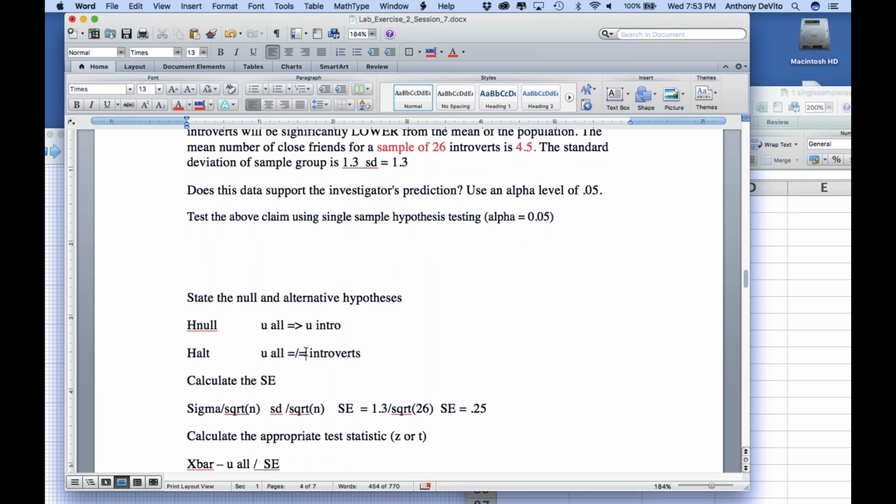And that leaves as my alternative hypothesis that mu all is greater than, I should have made this less than mu all, that the introverts have, I had it right the first time, that the introverts have fewer or equal number of friends than the rest of the population.